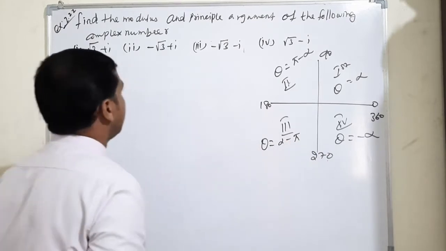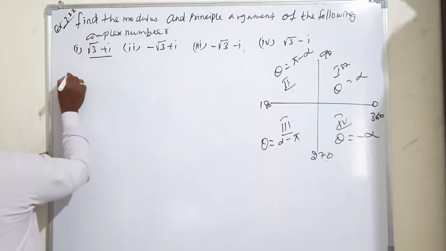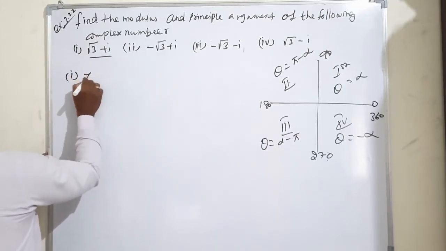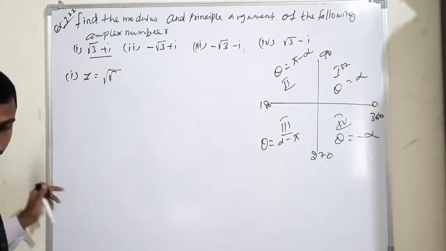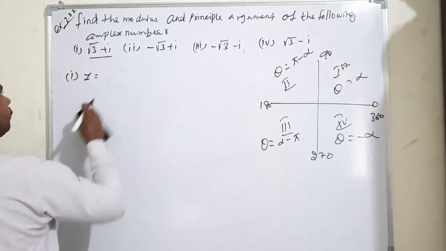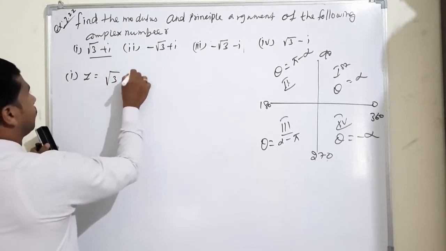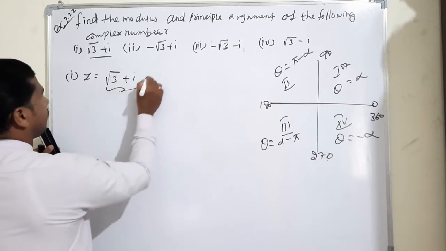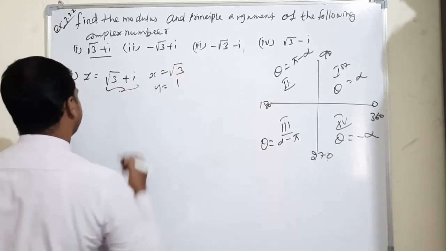Okay, so now moving one by one. The first question is root 3 plus i. Consider Z equal to root 3 plus i. From this complex number, x is equal to root 3 and y is equal to positive 1.